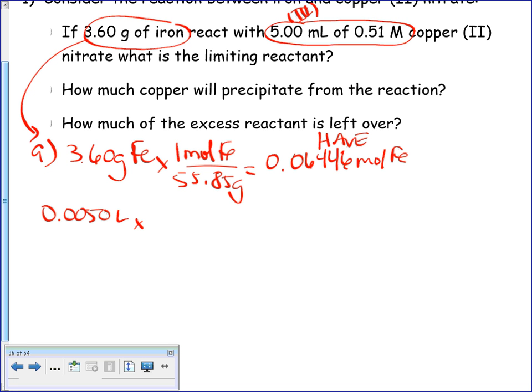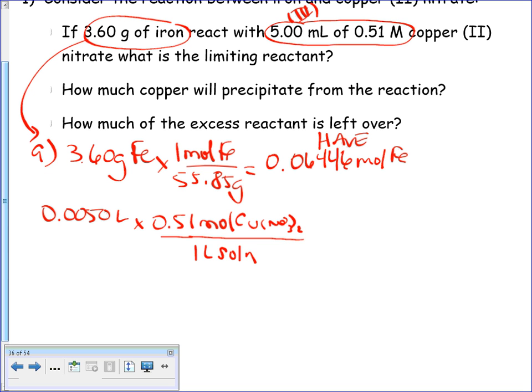So tell me the units. I hear you, 0.51 what? Moles of copper 2 nitrate over what? 1 liter of solution.